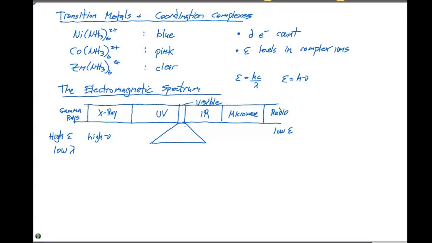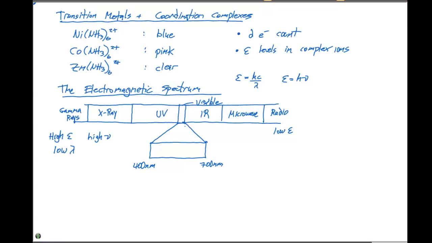And I expect you to know roughly that this visible region of the spectrum spans from approximately 400 nanometers to 700 nanometers. I say approximately because everyone's eye is probably just a little bit different. So we range from about 400 to 700 nanometers.